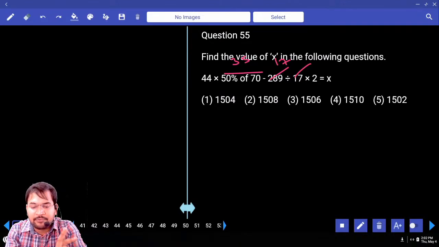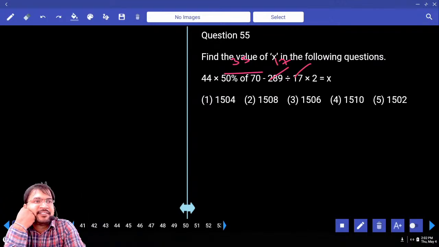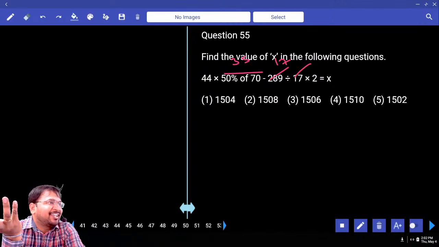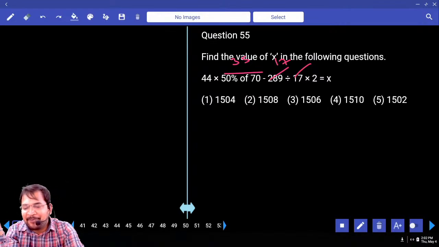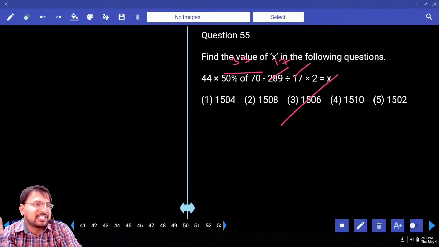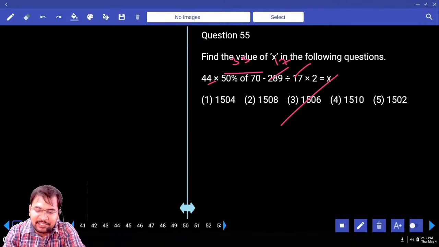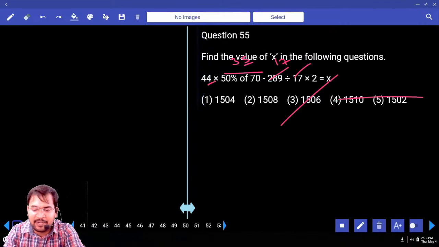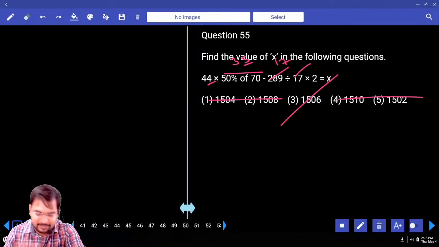So 44 into 30, or 44 times 35, how much? 35 times 4 is 140, so 1400 plus 140 is 1540, minus 34. First of all, it ends with 6, only one option. Last digit: 4 5s are 20, 0 minus 4 gives 6. Ends with 6, only one option. All of you clear? Next.